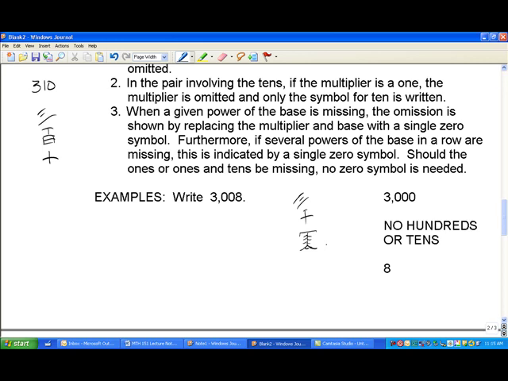Okay, and kind of that funny looking P. Okay, so that would be the 0. Notice we only need the 1 0 to cover the hundreds and the tens. And then we need the symbol for 8. So this is saying that, this is saying that, and this is saying that. So it is a little bit tricky.